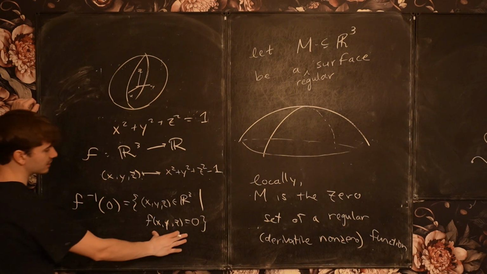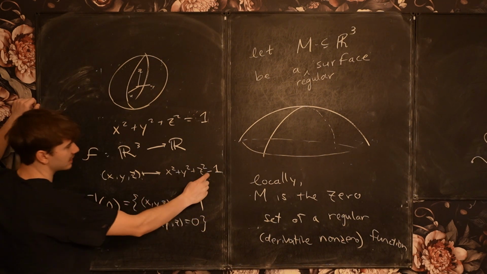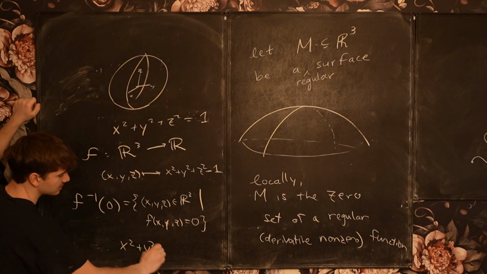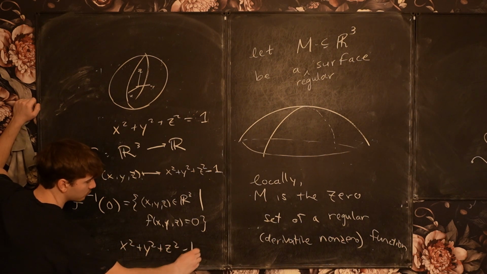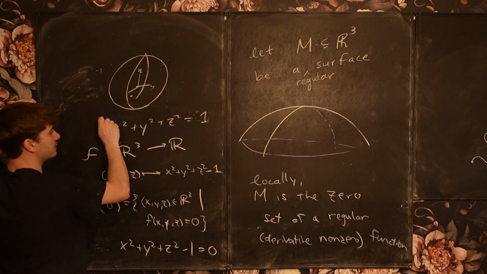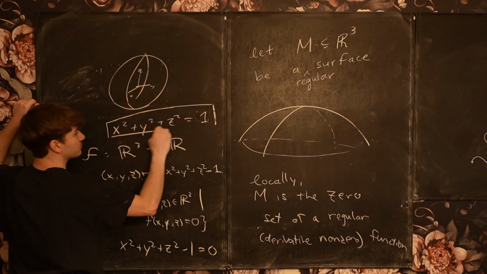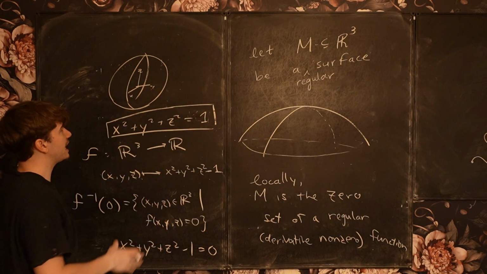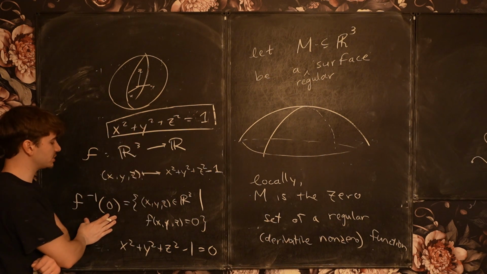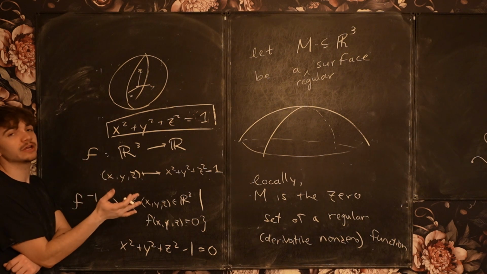Okay, but f of x, y, z being equal to 0 is the same thing as saying that x squared plus y squared plus z squared minus 1 is equal to 0, which tells me that these are exactly the points which satisfy this equation, x squared plus y squared plus z squared is equal to 1. So namely, the level set of 0 of this function is just the sphere, okay?